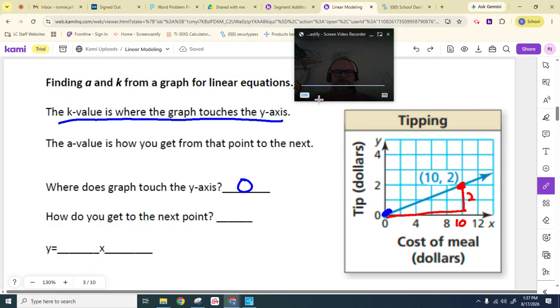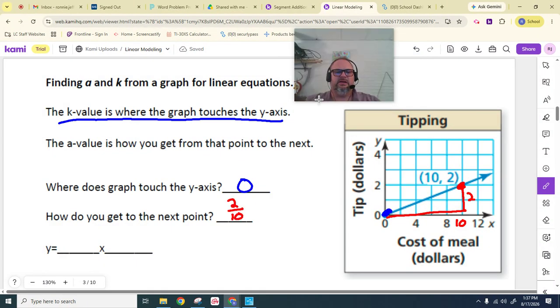Nope. That was backwards. Sorry, my dyslexia. Okay, over 10, up 2. Now, will that reduce? Yes. Now, what if you're not good at reducing? What can we use in this classroom to do? Calculator? Yes. Remember, I will make fun of you for not using a calculator.